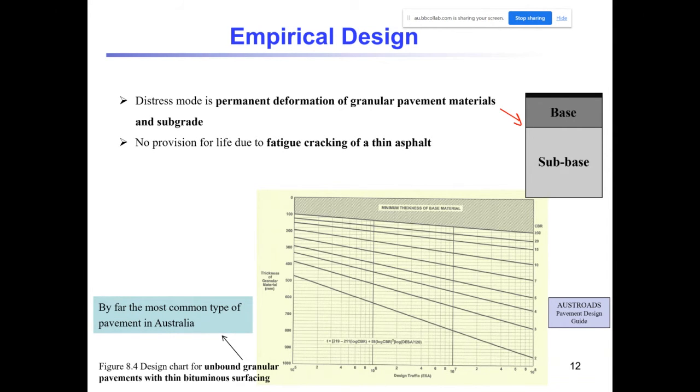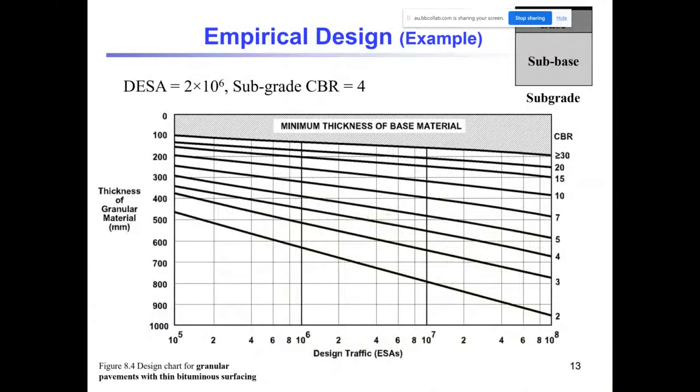And of course, since we don't have any bound material, we do not consider fatigue cracking. And the first layer or surface layer is a very thin layer, so it is not considered as a structural component, so you do not need to check fatigue cracking for that one.